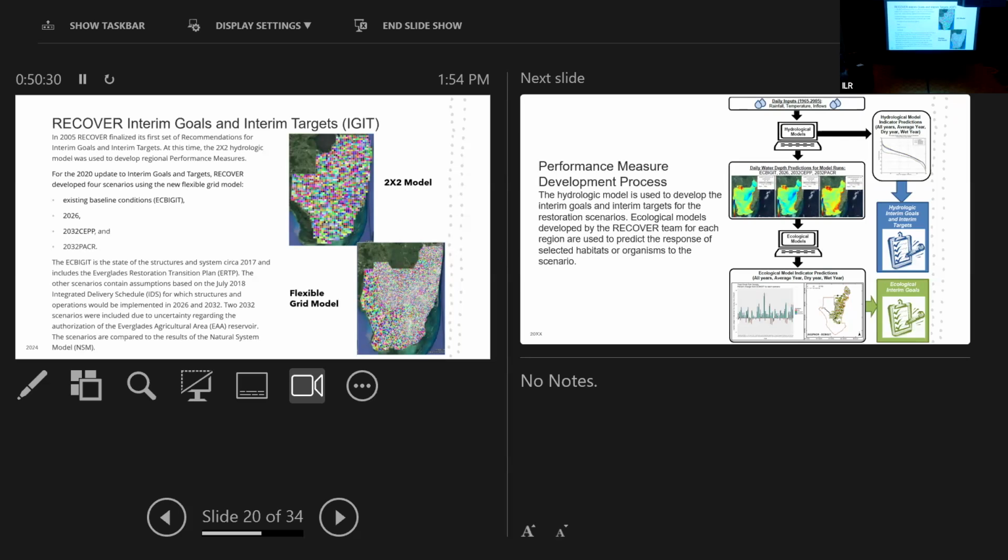What's it going to be in 2032 when we have the Central Everglades Planning Project in place, and then 2032 when we don't quite have the Central Everglades Planning Project in place because we're uncertain about the EAA, the Everglades Agricultural Area, and where it's going to go and what's going to happen with it. So it has that uncertainty in it in the 2032 PACR.